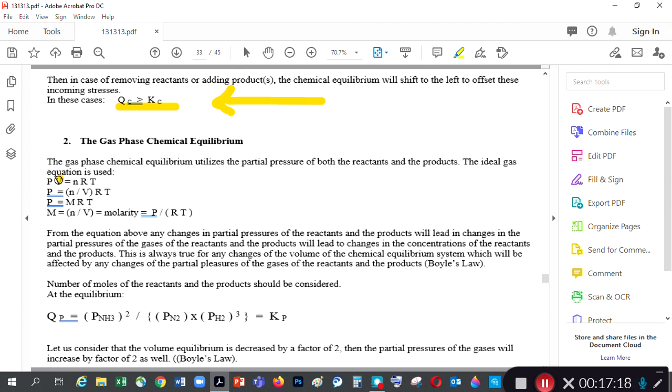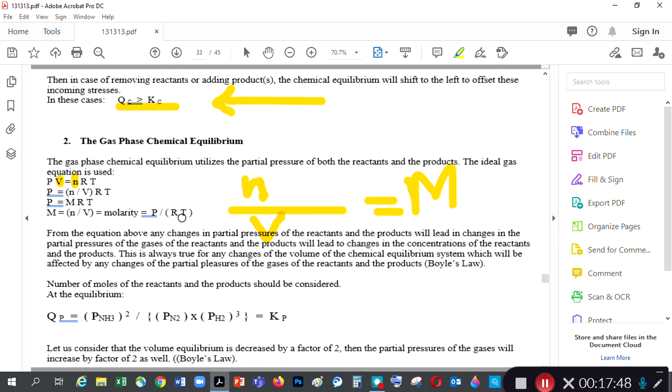If you divide both sides by the volume, you eliminate the volume from the left side, and it appears here: n over V, number of moles over volume. That's molarity, correct? So the molarity, n over V, is equal to the partial pressure divided by RT, the gas constant multiplied by the temperature in Kelvin.